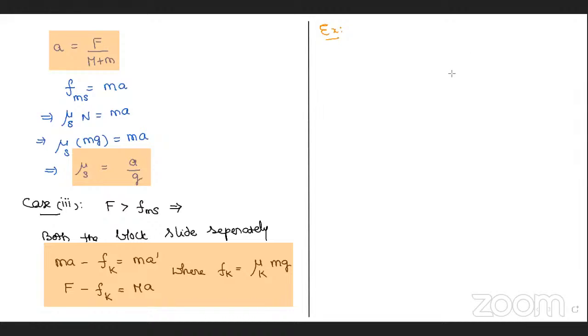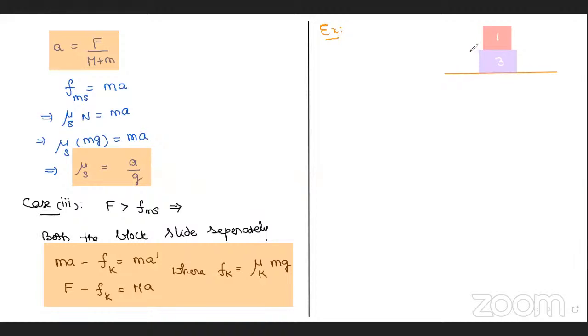This is a table. On the table, two blocks are placed. Block 1, above that, block 2. And their masses: the upper block is of mass 1 kg, the lower one I am taking as 3 kg.